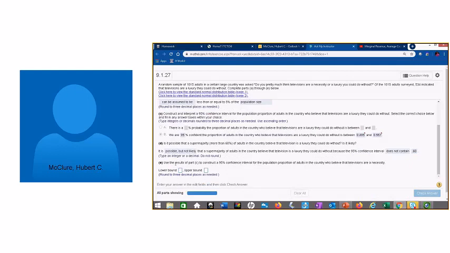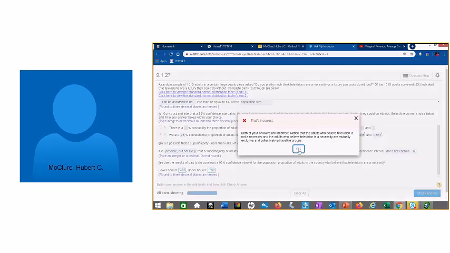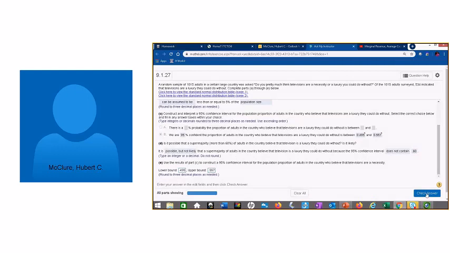Use the results to find the 95% confidence level. Lower bound, we already did this, 0.495. Upper bound, 0.557. Okay, well, I don't know what they're asking for.